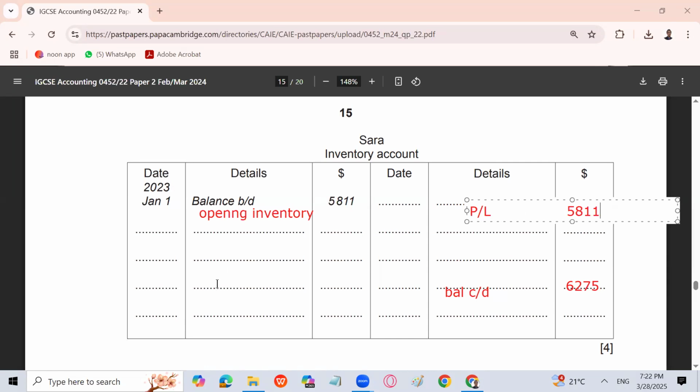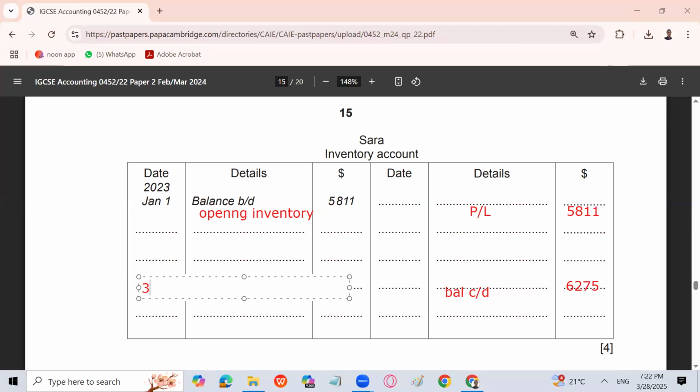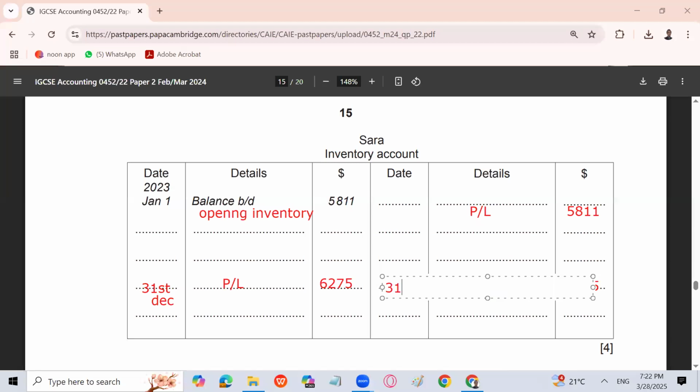And closing inventory, written with the name balance carried down, will also be transferred to the profit and loss account with the same figure, which is 6275. The date over here is also 31st December, and the date here is also 31st December.